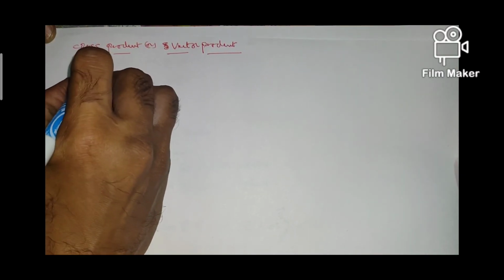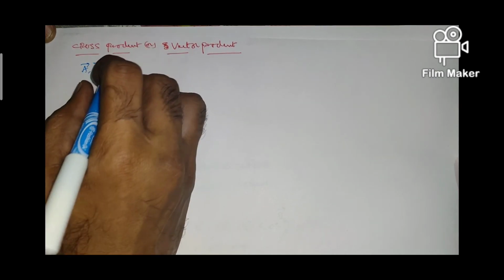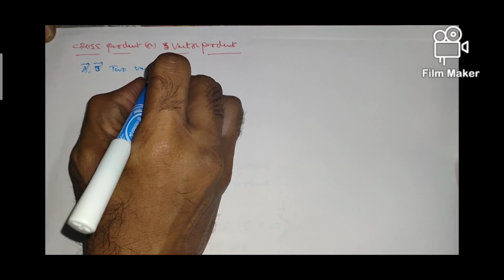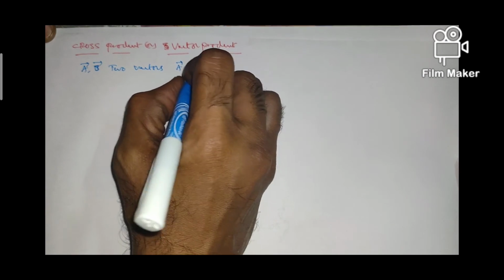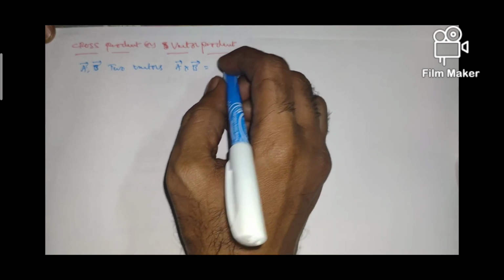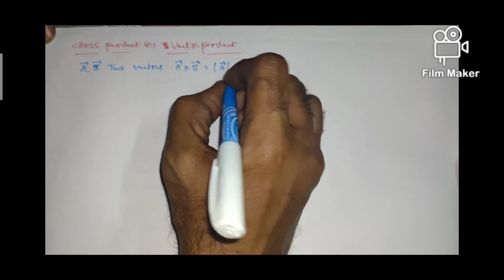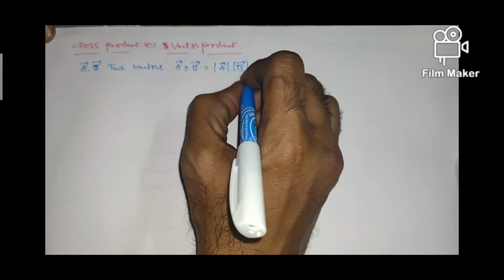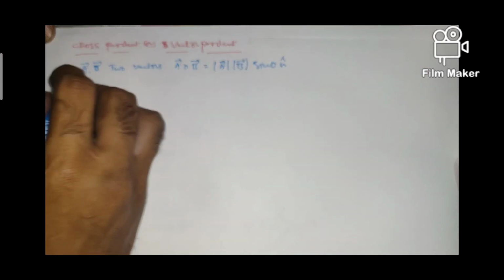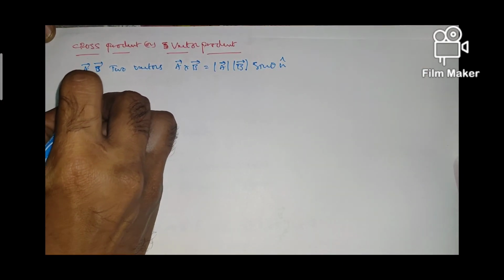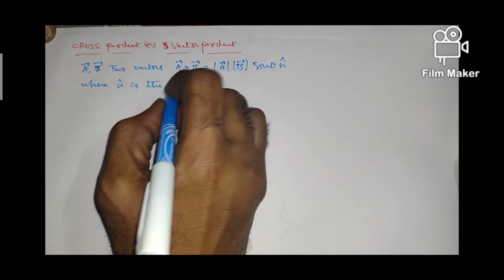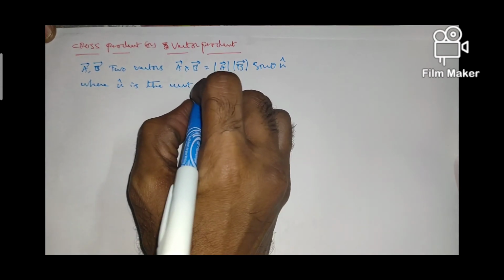Now let us consider the cross product or vector product of two vectors. Consider A bar, B bar are the two vectors, then its cross product or vector product is represented as A bar cross B bar, which is given as modulus of A bar and modulus of B bar into sine of the angle between A bar and B bar multiplied by a unit vector perpendicular to the plane consisting of A bar and B bar, which is represented here as n cap.